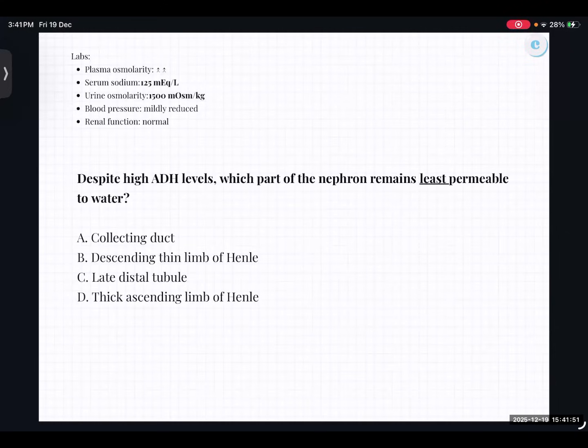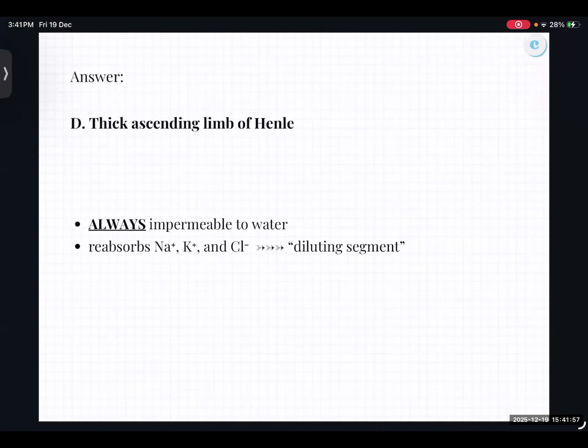You guys are so good. I think that was discussed with Hajar as well. It is indeed D. It is the thick ascending limb of Henle. It is always impermeable to water, and that's why we call it the diluting segment. Because as Hajar said, it reabsorbs sodium, potassium, chloride and other ions, but it does not reabsorb water. That's how our urine becomes diluted. So again, the thick ascending limb of Henle is the least permeable to water.